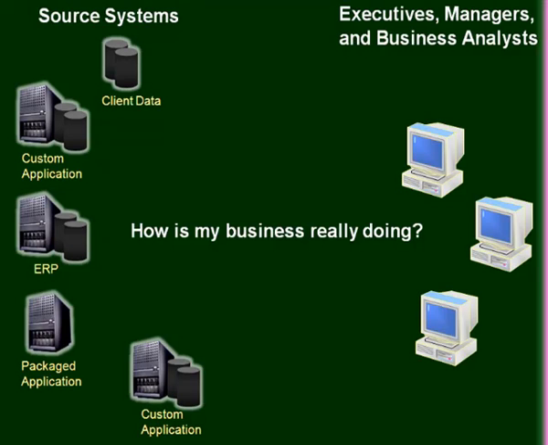Then the executives, managers, and business analysts can access the required business data very quickly, and it provides flexibility. They can take a portion of the data warehouse. They need not use the entire data warehouse to provide business intelligence for a particular segment, right? And it also offloads queries from production systems.